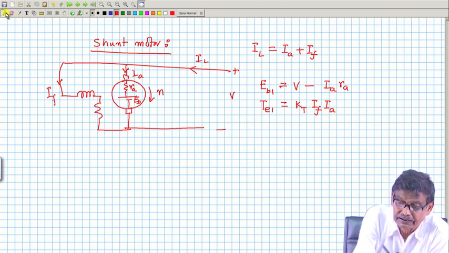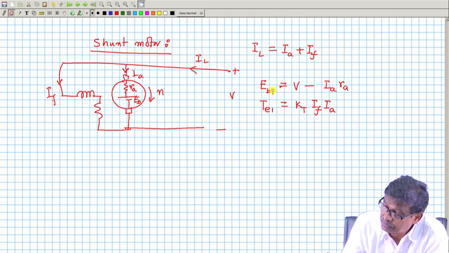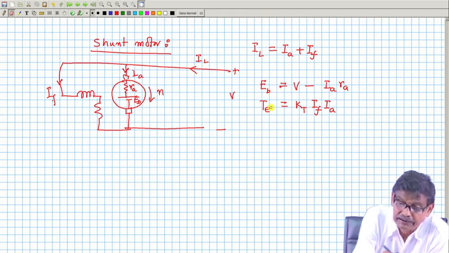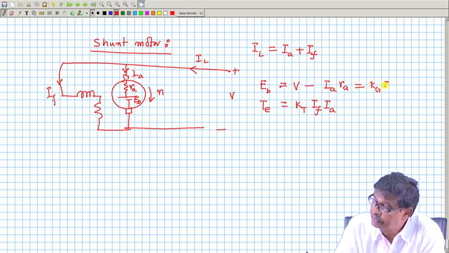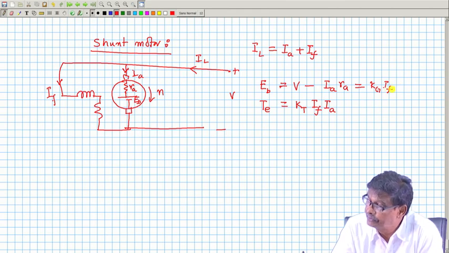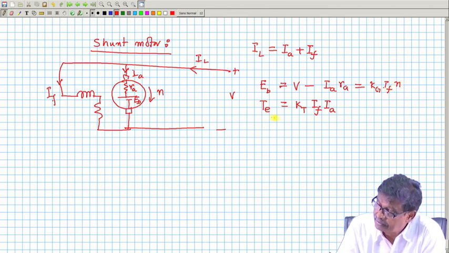I will write this as some k g into I F into n, and this one is equal to your load torque.